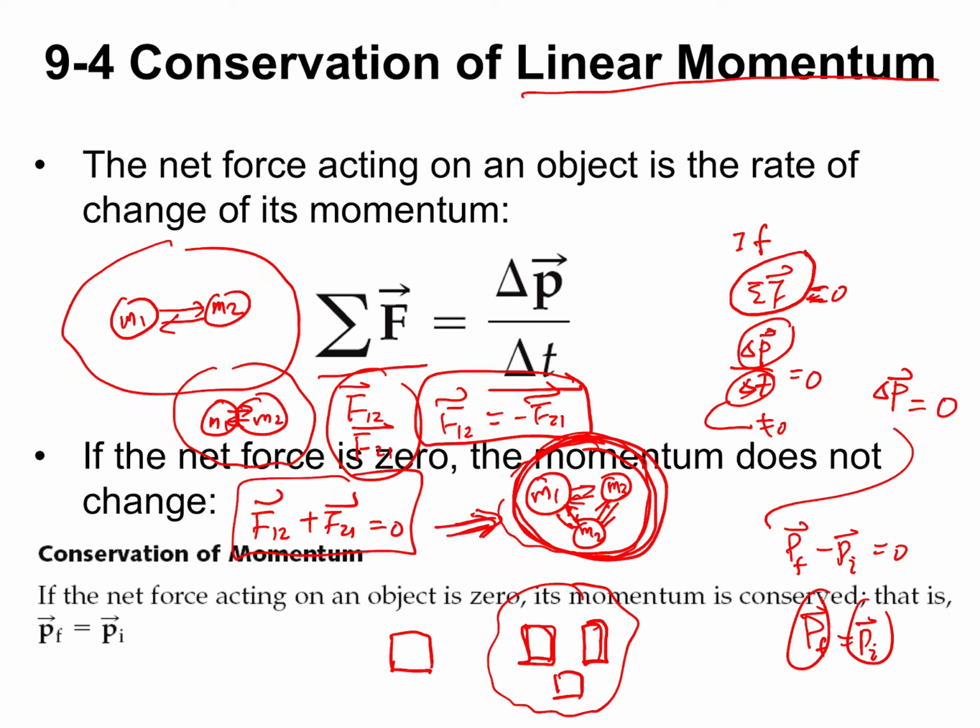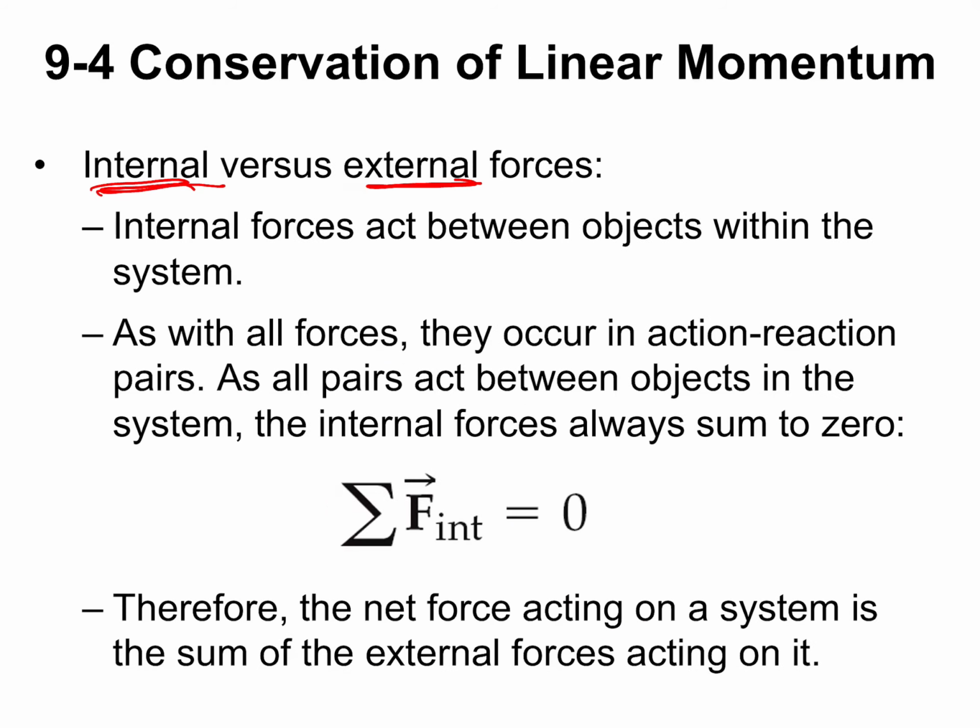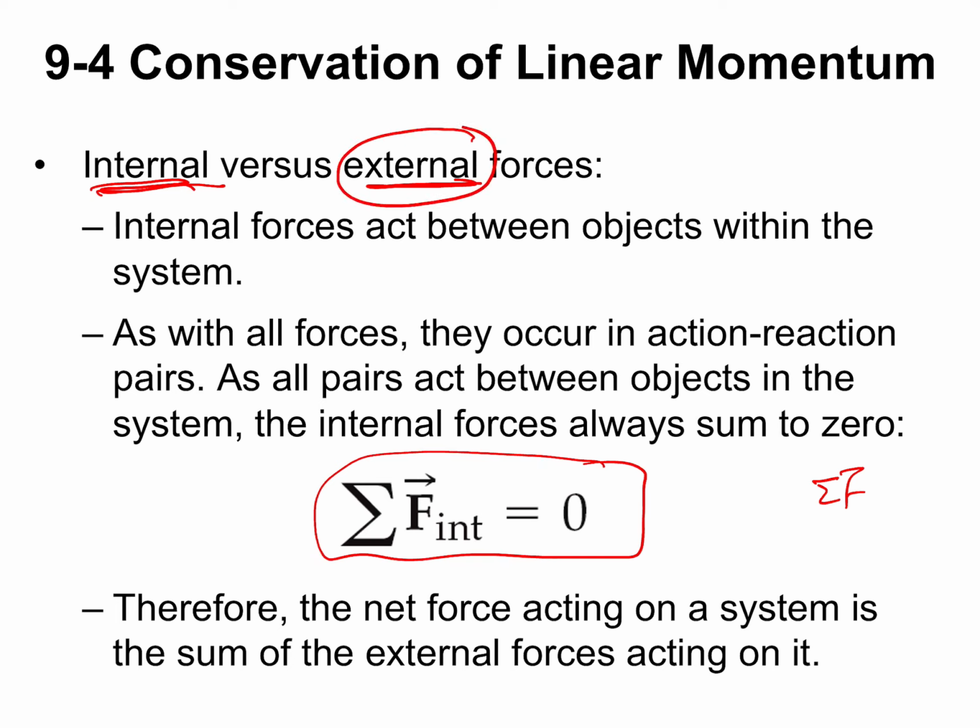So those two forces are internal forces, and they always add up to 0 if the objects interact with each other. So for net force, we only consider the force from outside, only the external force.